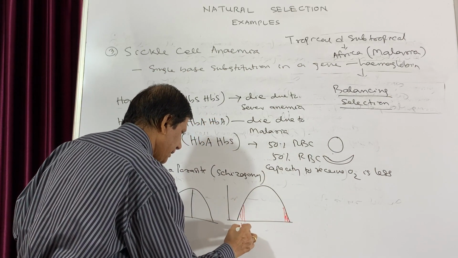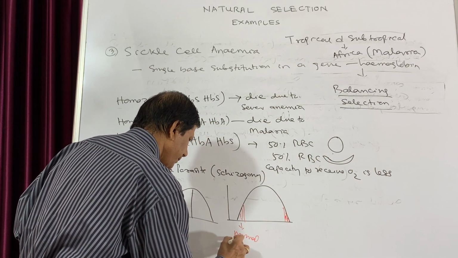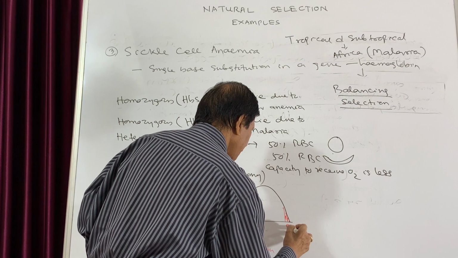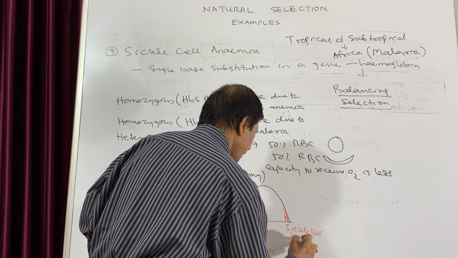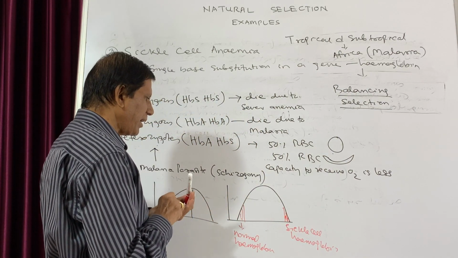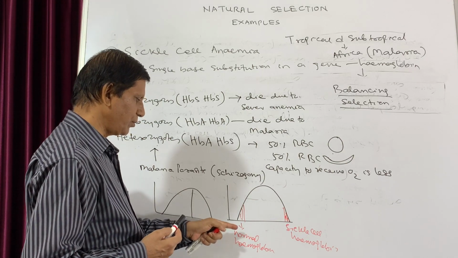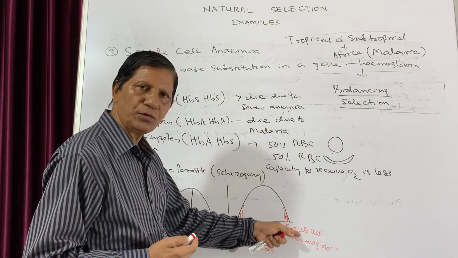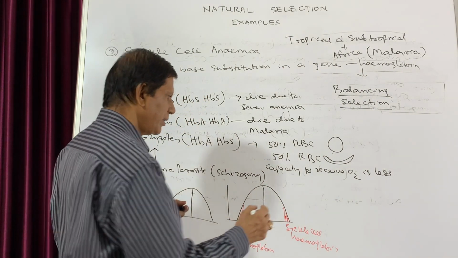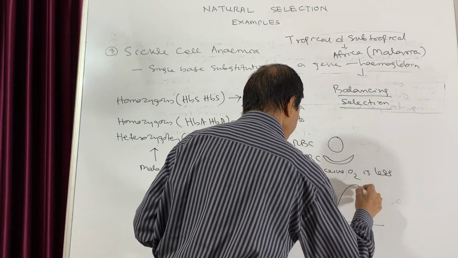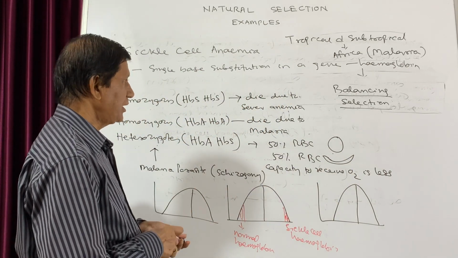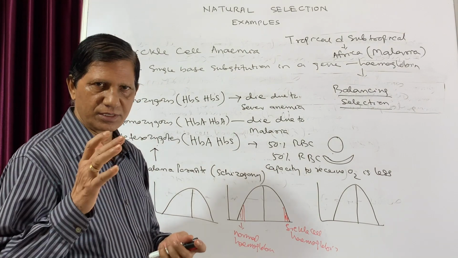Now these are the normal hemoglobin, and this is sickle cell hemoglobin. So these people will die due to malaria, and these people will die due to severe anemia. While these people will survive. That means nature favors them. So this is balancing. So these are the three different types of examples we discuss today in this video.